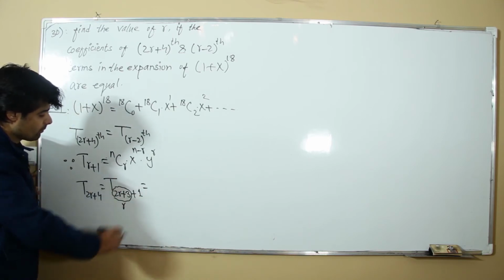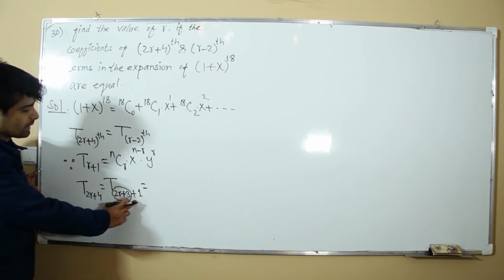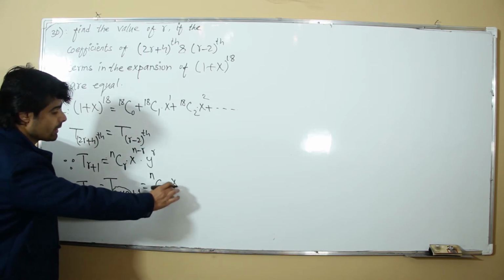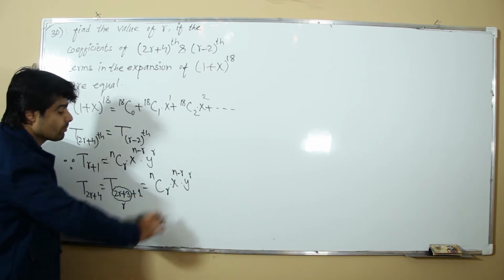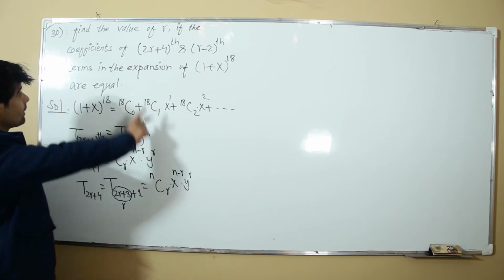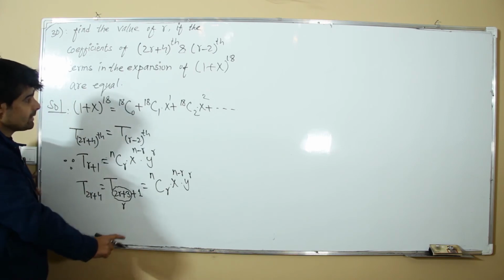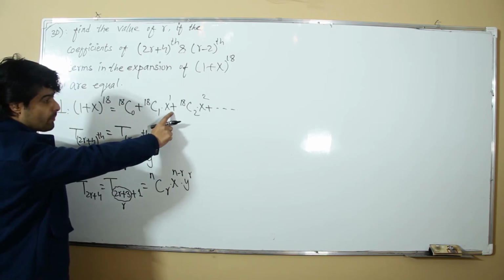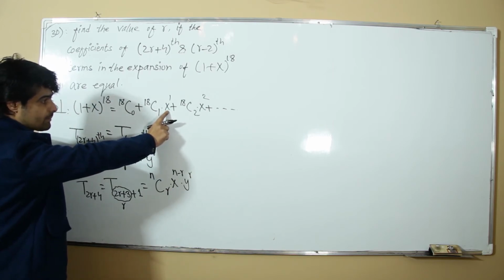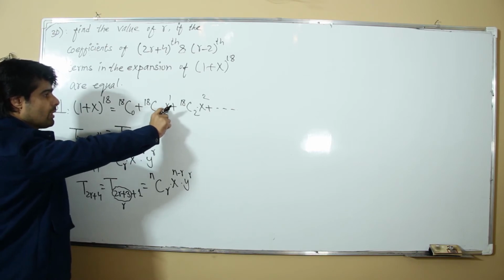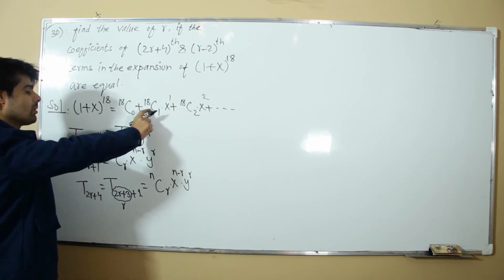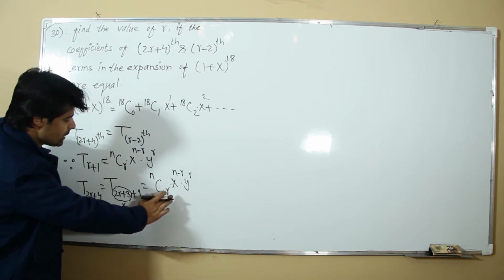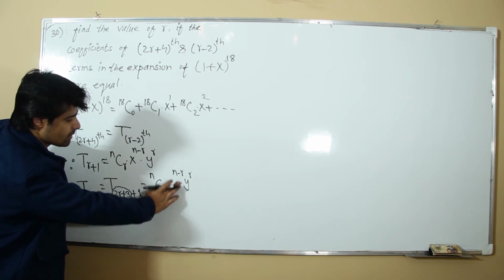So what's the formula for this one? The formula for this one is nCr x to the power n minus r y raised to the power r. But you are talking about the coefficients. In this expansion, there is no y, and the x does not put any condition on the coefficient. For this result, we can delete this part.